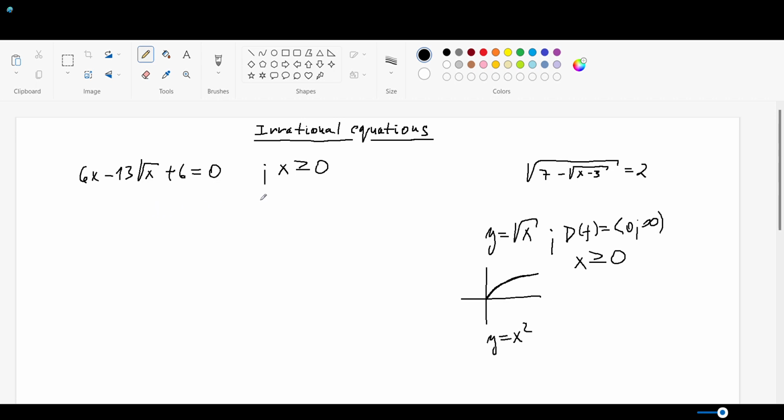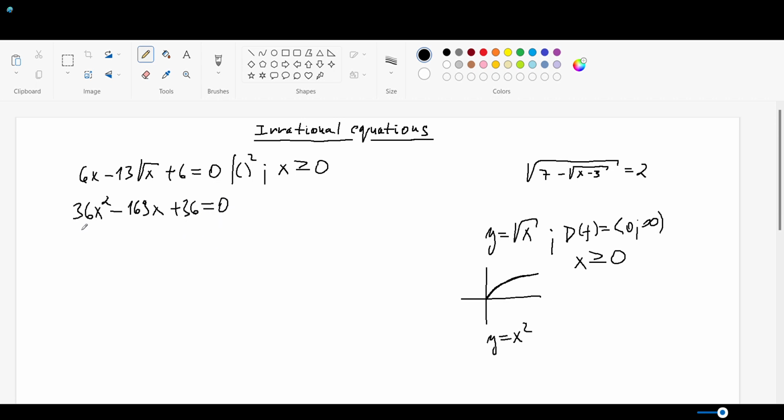So the big mistake, it's not a big mistake, but students always or sometimes think that when you square both sides of the equation, then the equation will be like 36x squared minus 169, which is 13 squared times x, plus 36 is equal to 0.